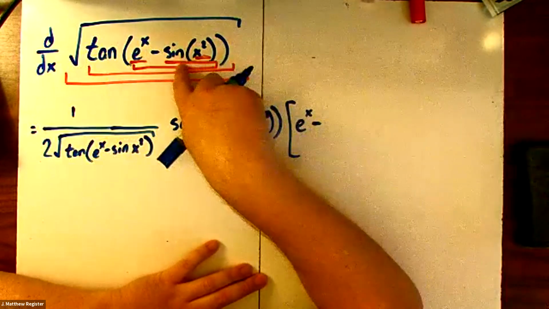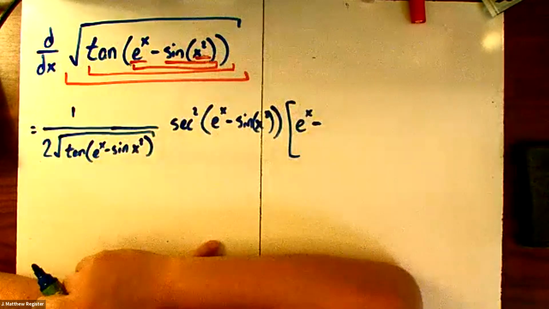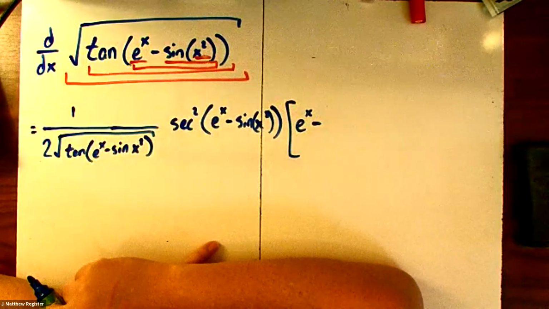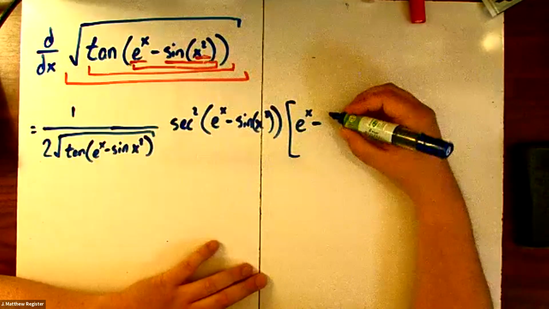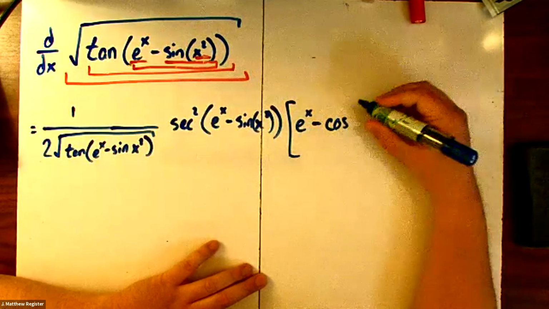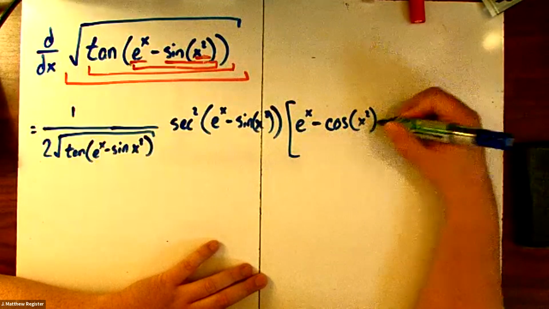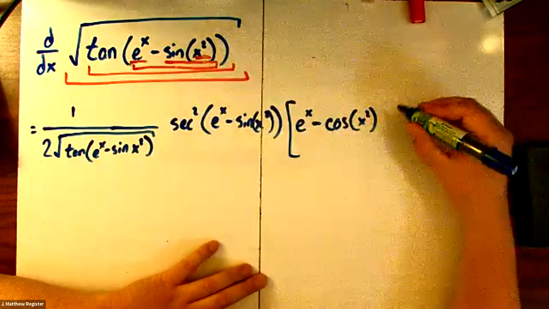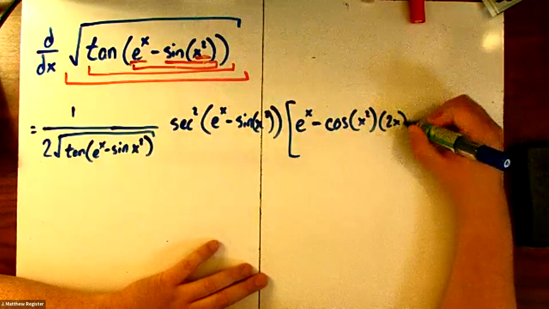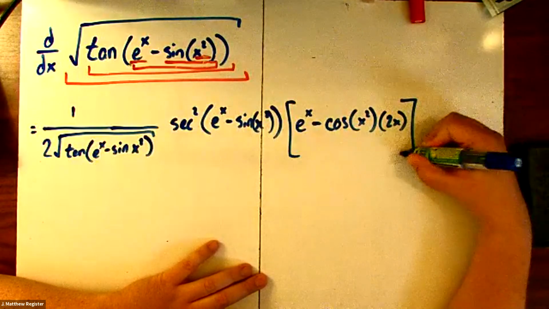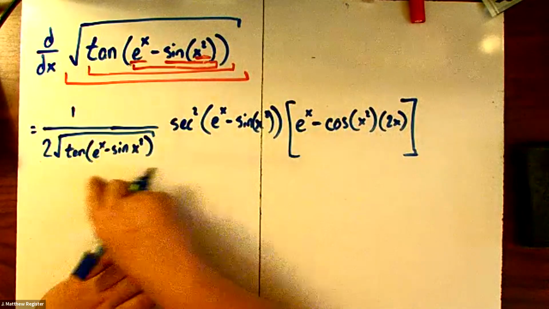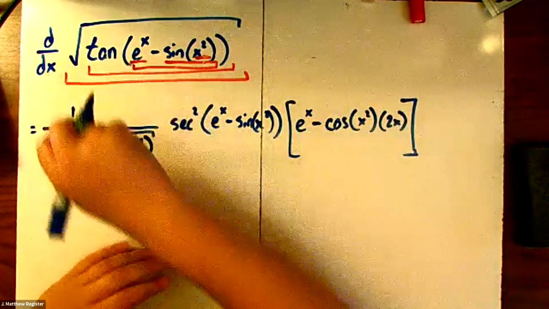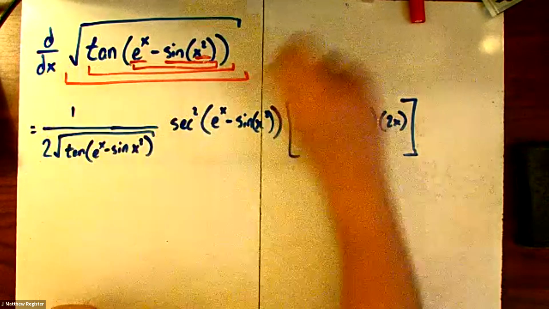The other one is sine of x squared, which is again a function inside of a function. The derivative of sine of stuff is cosine of stuff. And the derivative of x squared is 2x. And so this is the derivative of this function. And we just chained it along.